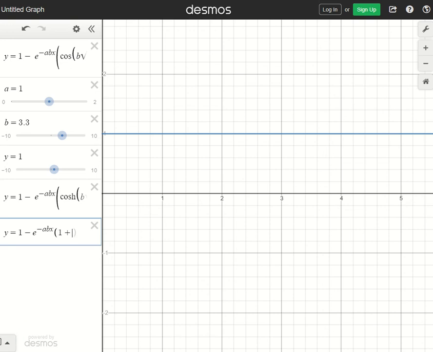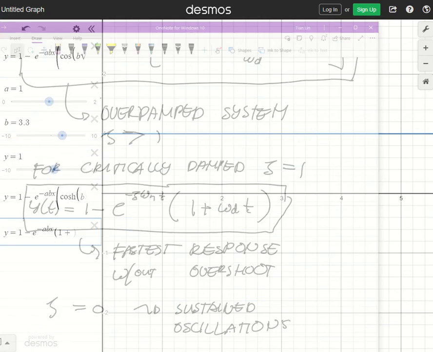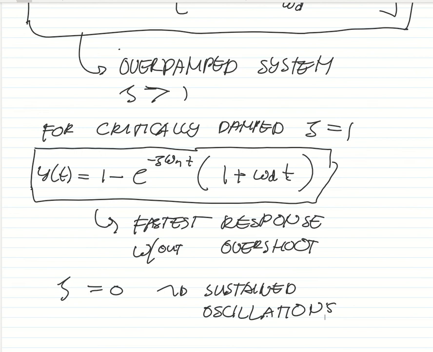What is omega d? Omega d is the square root of zeta squared minus 1, it will become 0. So this should be omega n instead of omega d.